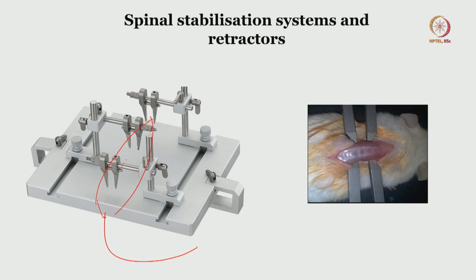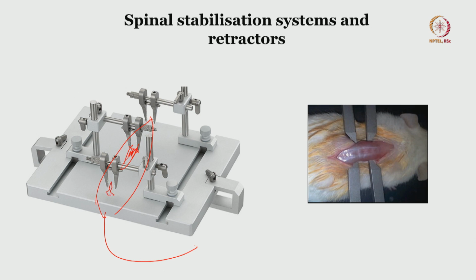So once you make the incision and then expose it, the skin will be held initially. Later when you go in the depth, mainly to hold the muscle apart. So that's the importance of having these clamps. And then not only that, you can even bring it closer and have a rigid fixation of the spinous process.